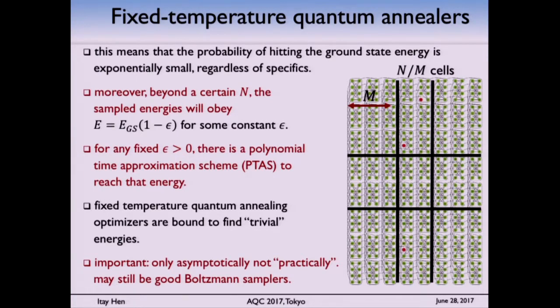If a company uses a quantum annealer and they only care about problems with 5,000 bits, then maybe this does not apply. But again, it's worth remembering that at least asymptotically, if we scale up, and D-Wave have been scaling up for years now, it's important to take this into consideration.